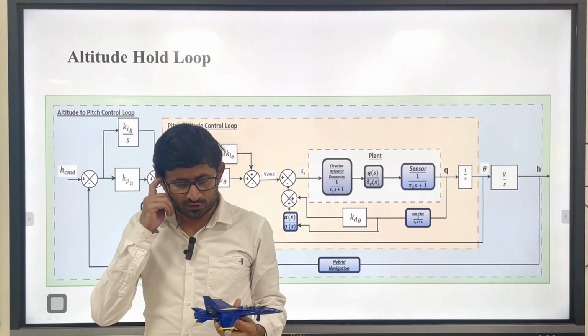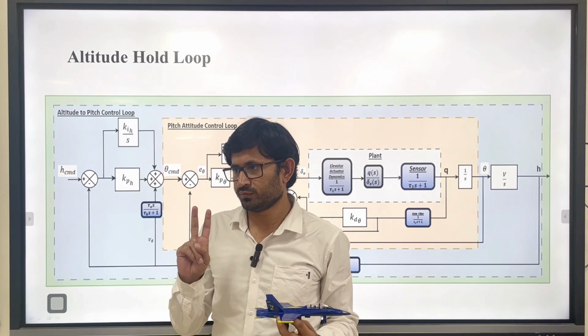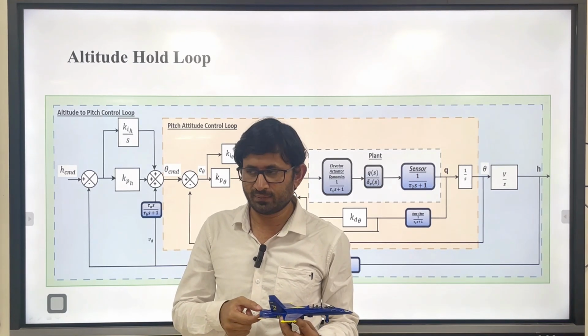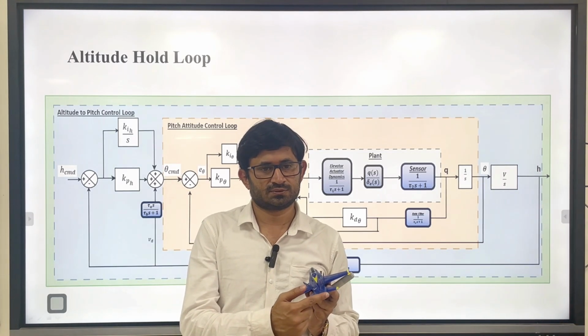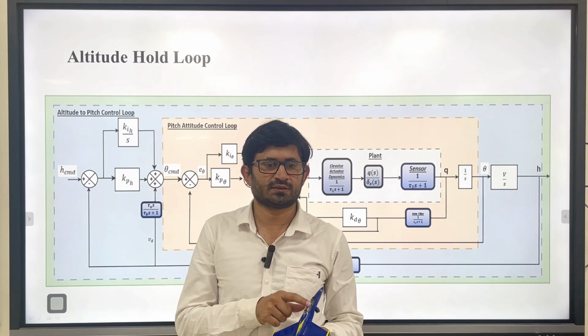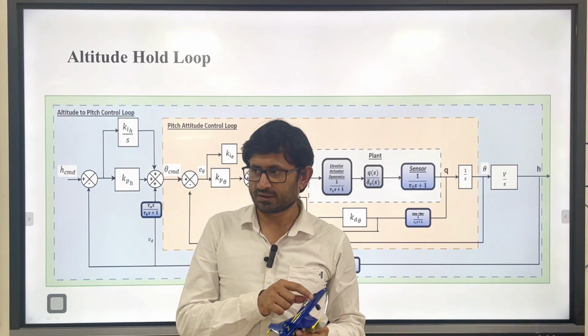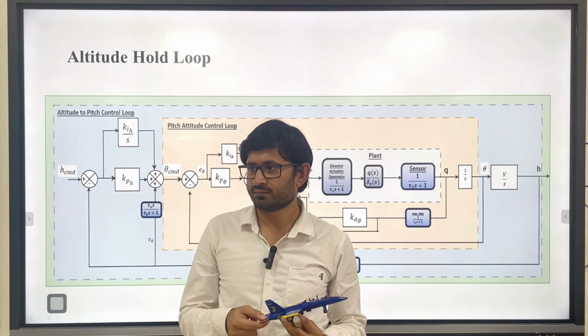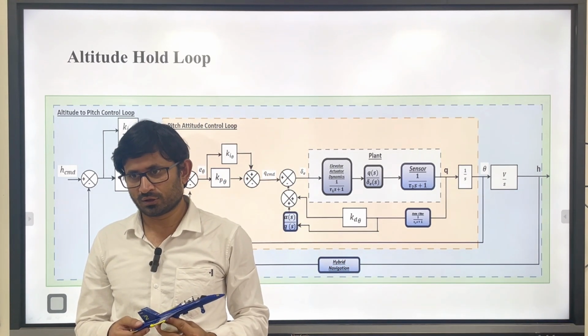When I say longitudinal control, what does that mean? You have only two controls, two actuators. One is the elevator and another is the thrust. By changing the throttle setting inside the cockpit, you can vary the thrust, and by changing the stick position, you can move the elevator. Two controls, right? With these two controllers, you have to execute the longitudinal flight.